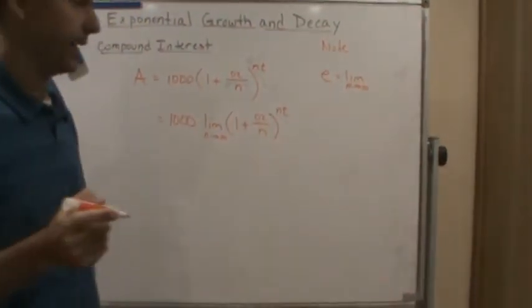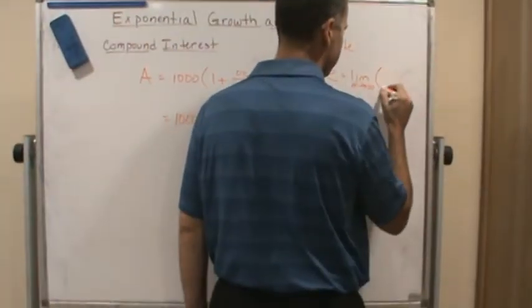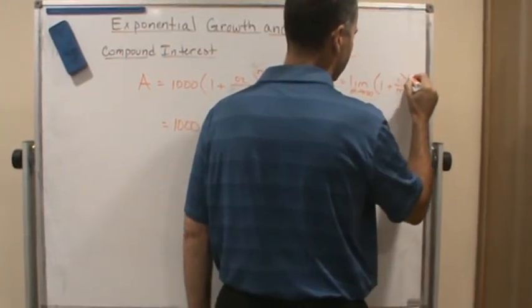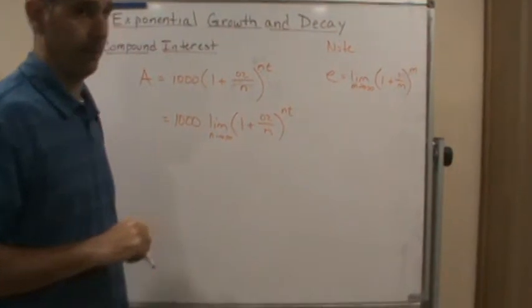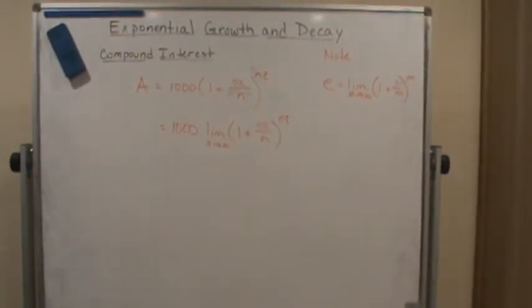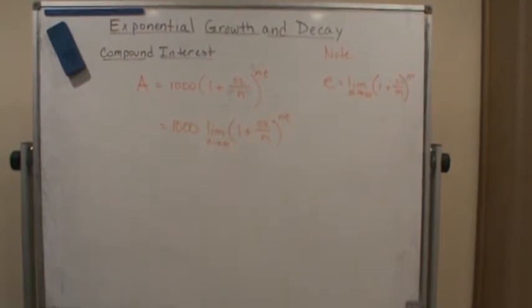And so what does that look like? The limit definition is this: 1 plus 1 over m to the m. Okay, so that's the limit definition of the number e.